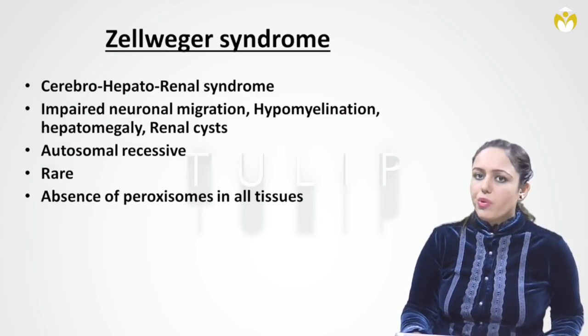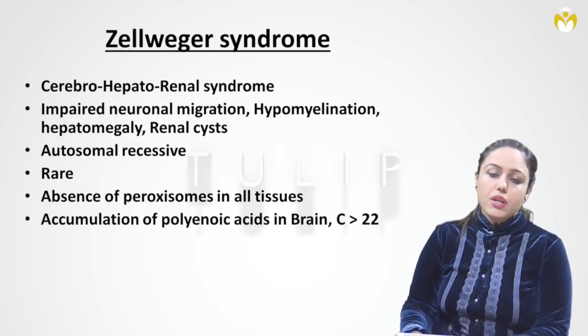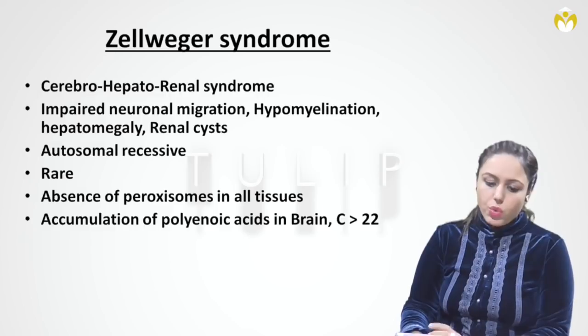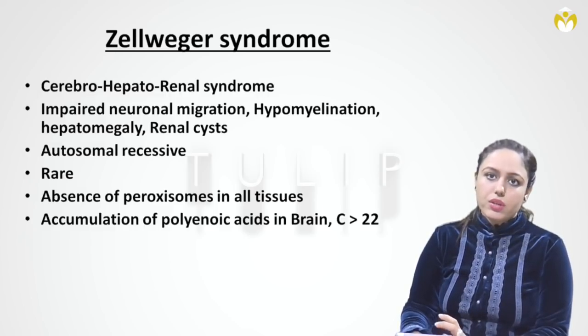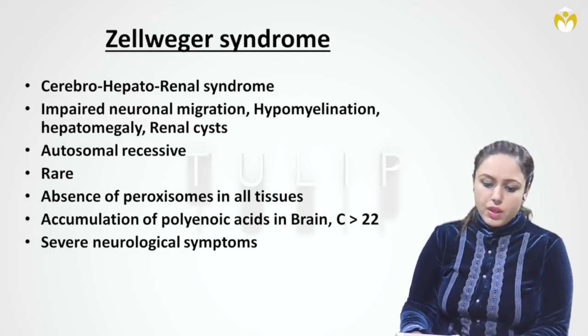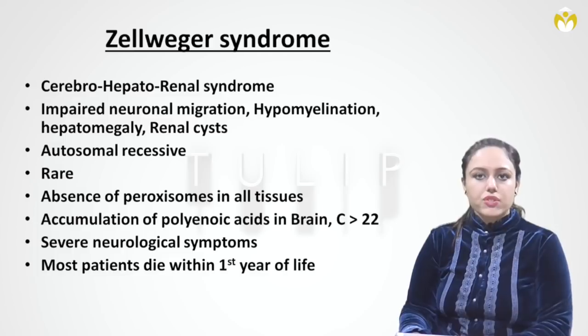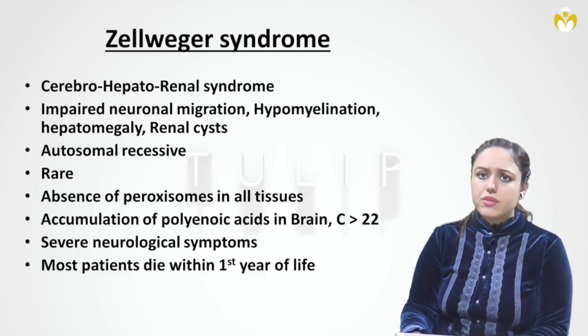There is absence of peroxisomes in almost all the tissues. Peroxisomes are responsible for the oxidation of very long chain fatty acids, that is those containing more than 22 carbons. So accumulation of polyenoic fatty acids having more than 22 carbons occurs in brain, severe neurological symptoms are there, and most patients die within the first year of life.